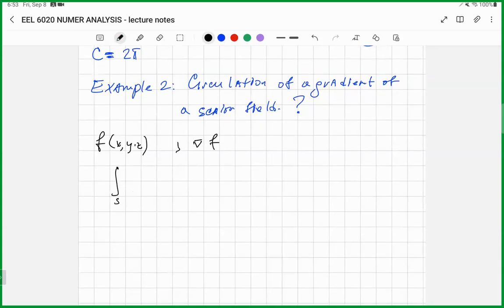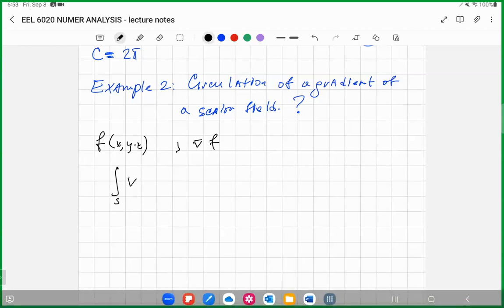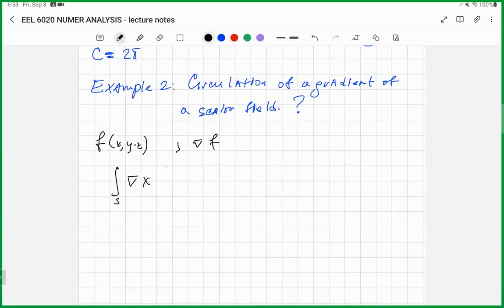So it's going to be the flux of the curl of the gradient of field f times ds over some surface, and it's equal to the loop integral, the path integral of df. This is my field, dl vector.